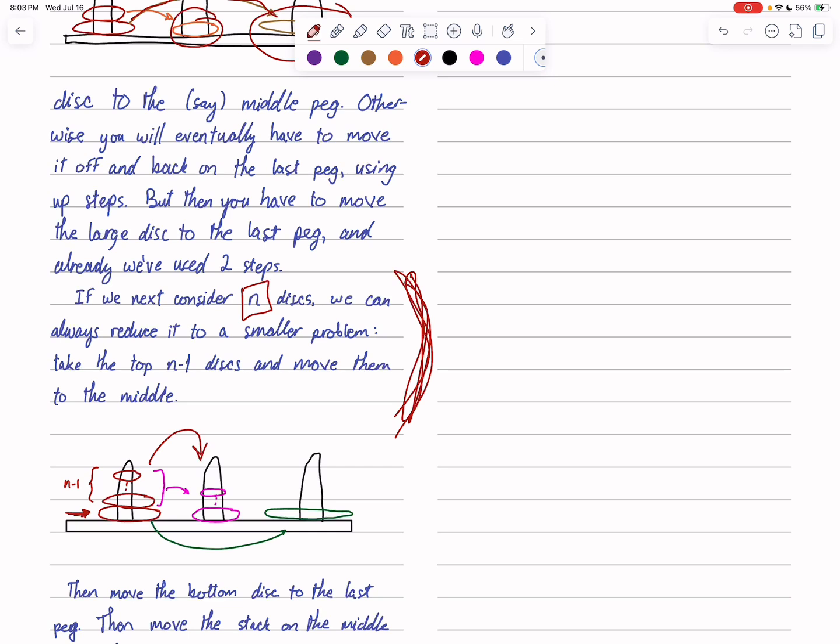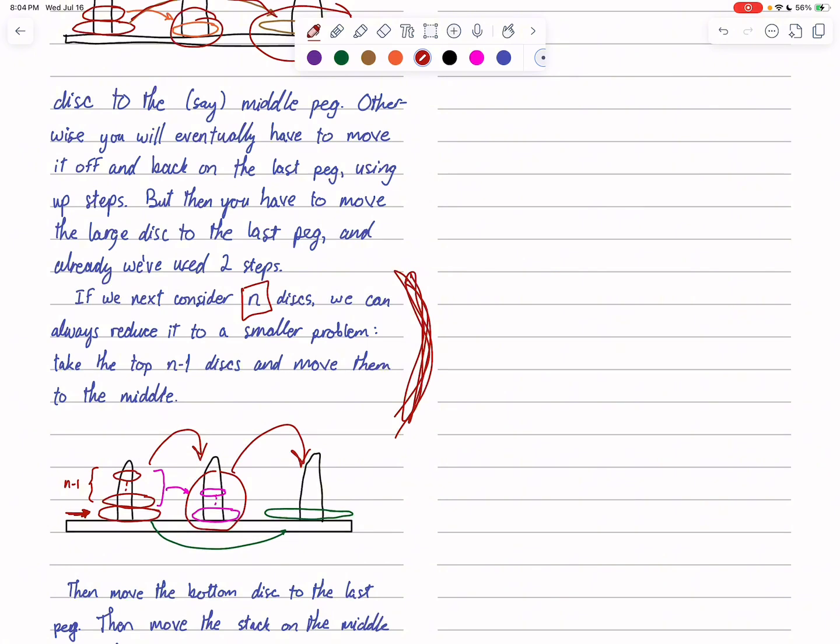With them out of the way, we can then take that largest disk, move it over to the third peg, and once that is done, we can take these n minus 1 disks and move them on top of that largest disk.